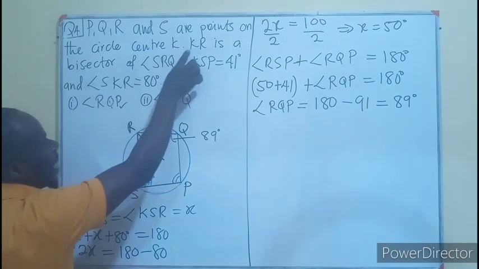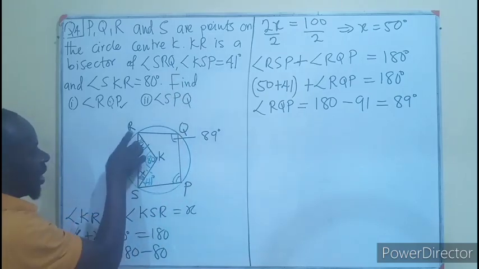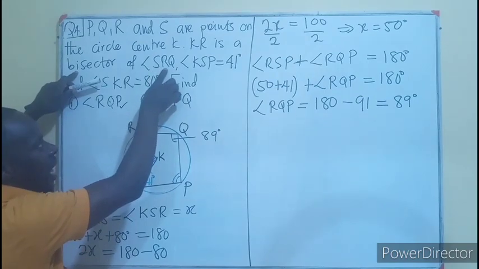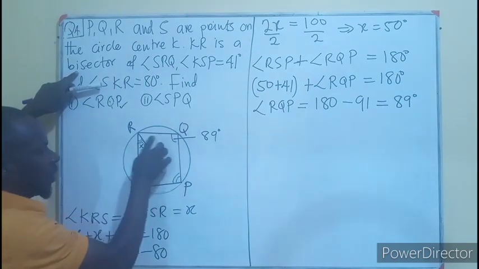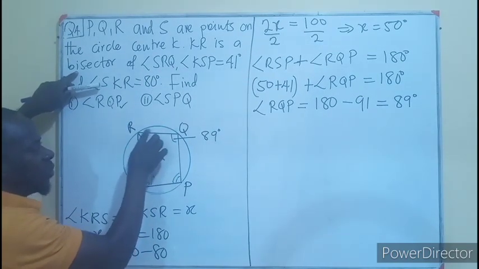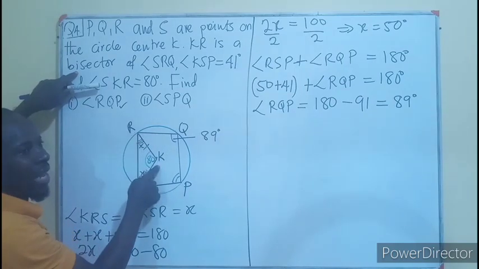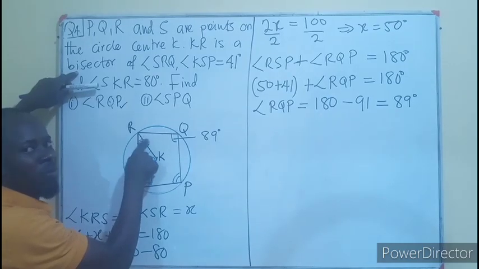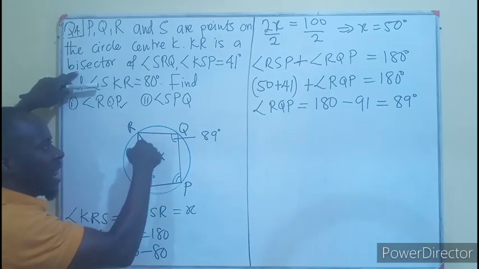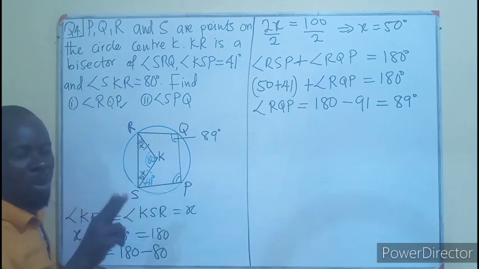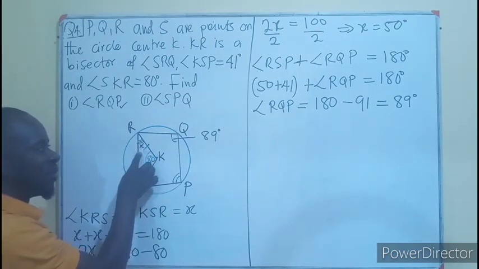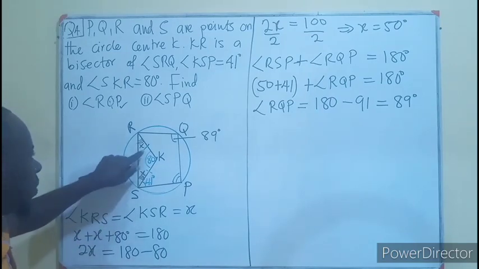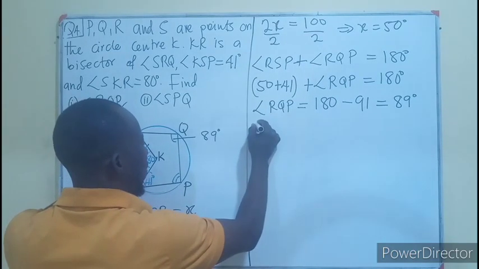We were told that KR is a bisector of the angle SRQ, meaning this angle has been divided into two by this line. Since I know this part to be 50, the other will also be 50. Bisecting means dividing an angle into two equal parts.